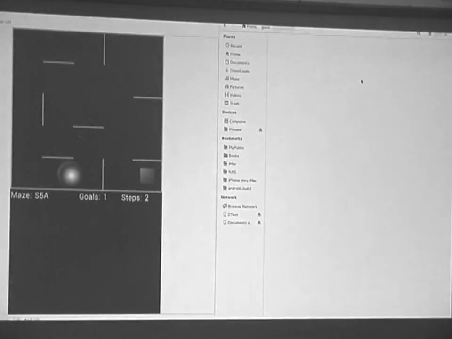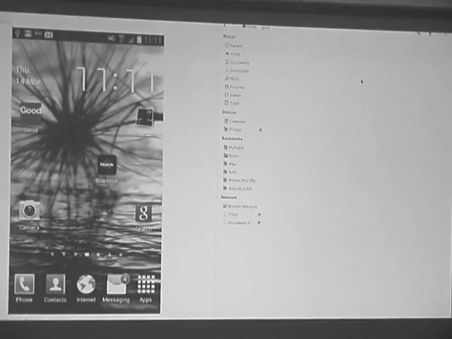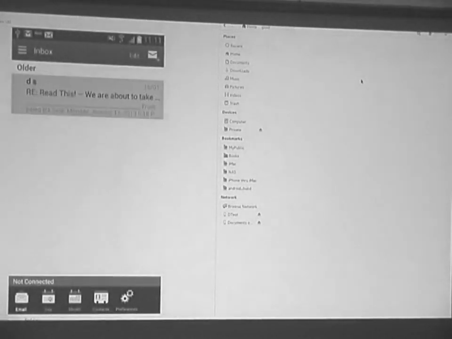It's pretty hard to play with this refresh rate, but you get the idea. After the user plays this innocent-looking game, we have a malicious service that continues running in the background. Then the user opens Good and opens the email.